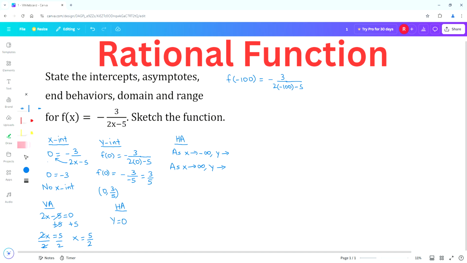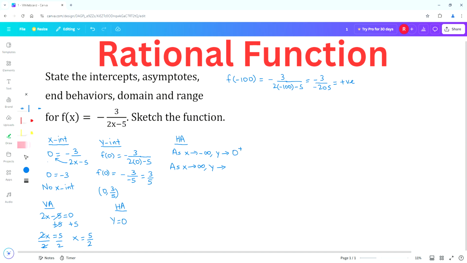Negative 200 minus 5 is negative 205. So we get an overall positive value. Since a positive value is greater than 0, that means y approaches 0 from above.